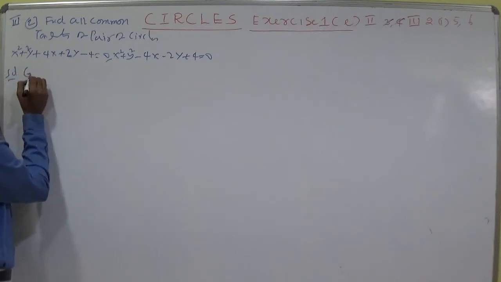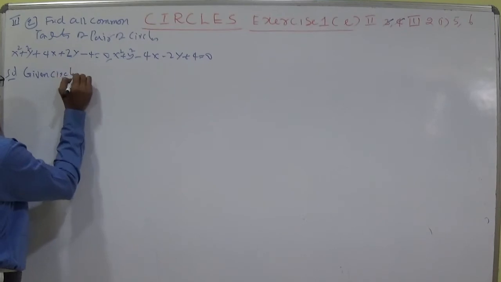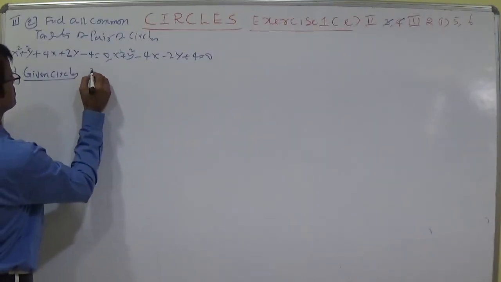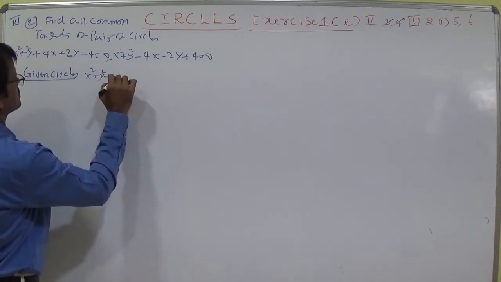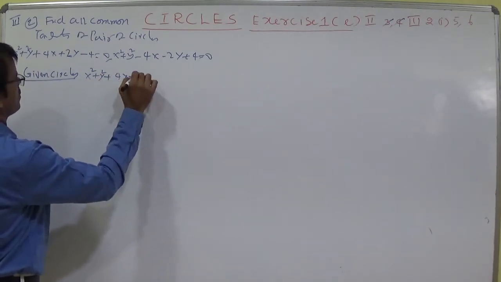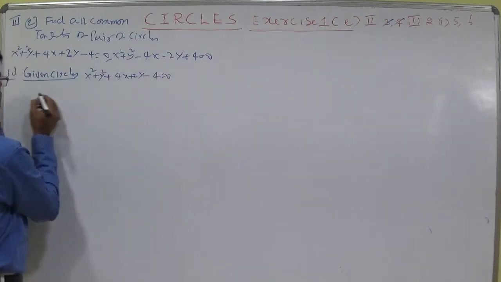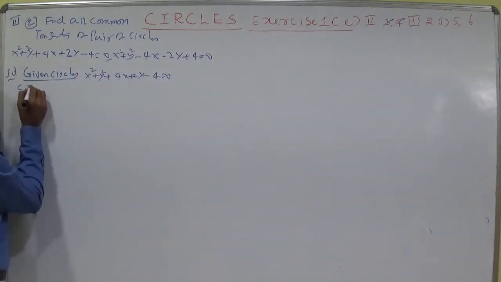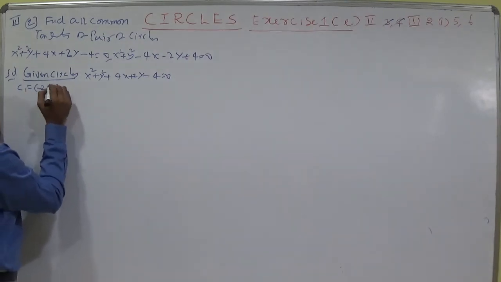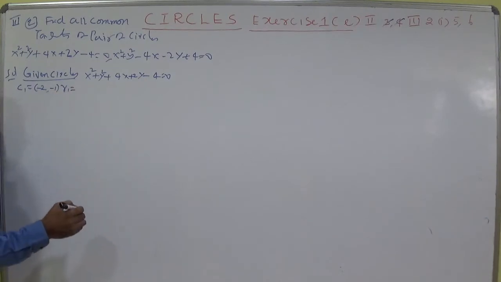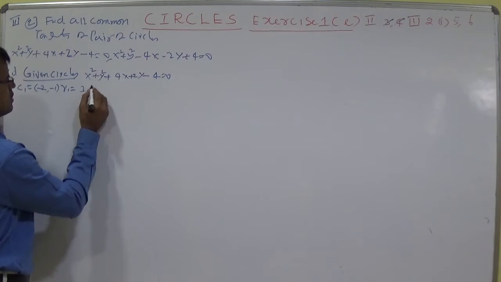Let us write the given circles. First one, x square plus y square plus 4x plus 2y minus 4 equal to 0. Let us write C1 here: C1 equal to (minus 2, minus 1), and R1 equal to root of g square plus f square minus c, 4 plus 1 plus 4, it is 3.